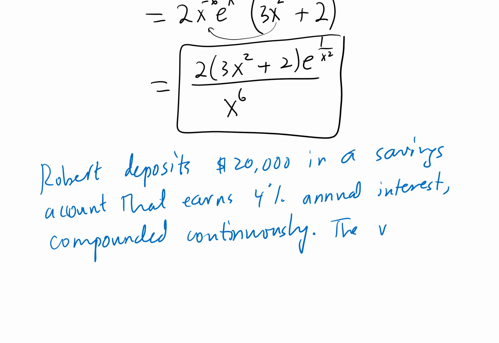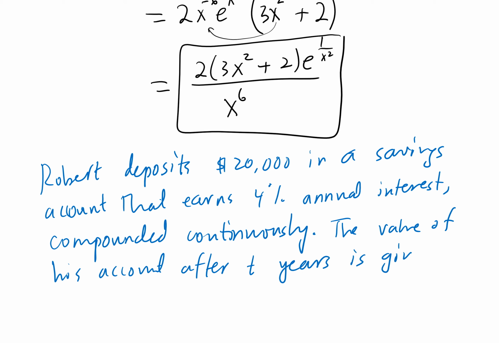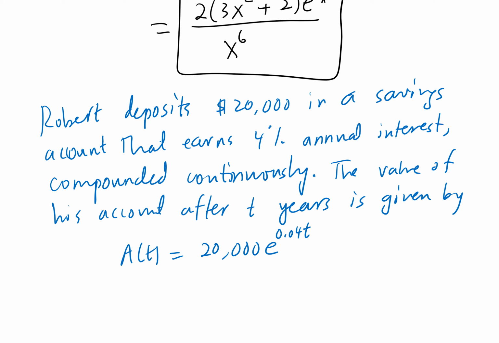The value of his account after t years is given by A of t equals 20,000 e to the 0.04t. This formula came from the previous section.